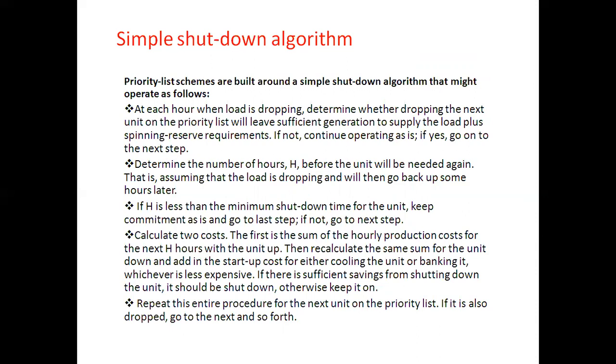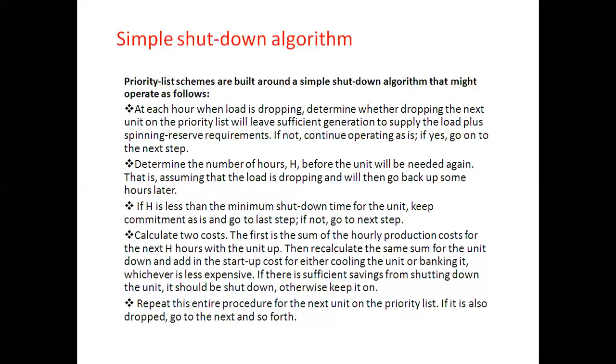If yes, go on to the next step. The next step says: determine the number of hours H before the unit will be needed again. That is, assume that the load is dropping and will then go back up some hours later. If H is less than the minimum shutdown time for the unit, keep the commitment as is and go to the last step. If not, go to the next step.